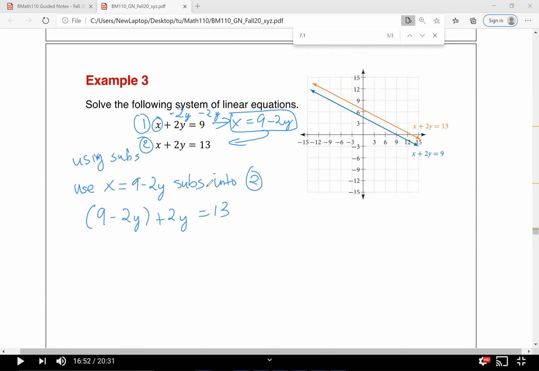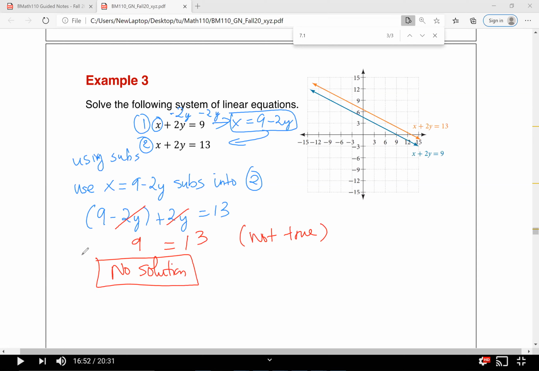Okay, time to simplify. You have minus 2y and 2y, that's gone. So then you have 9 equal to 13. Oh, 9 equal to 13? Not true. So then you can say no solution. Okay?